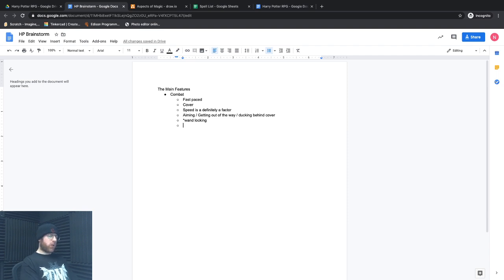Then there's also spell resistance. I know that really high level wizards seem to have a resistance to spells being thrown at them.